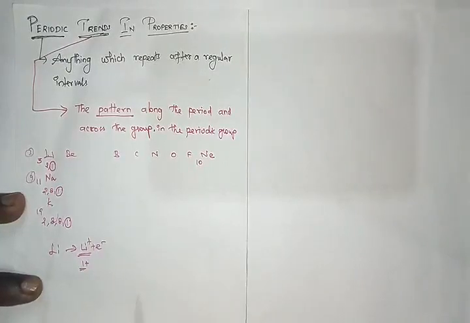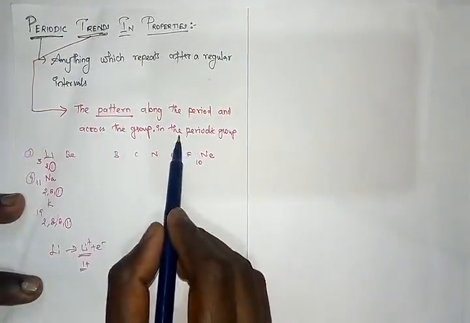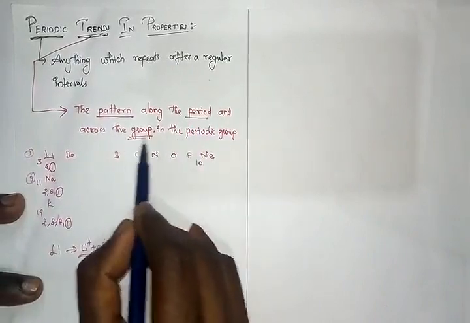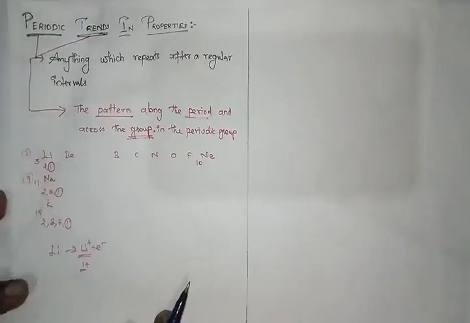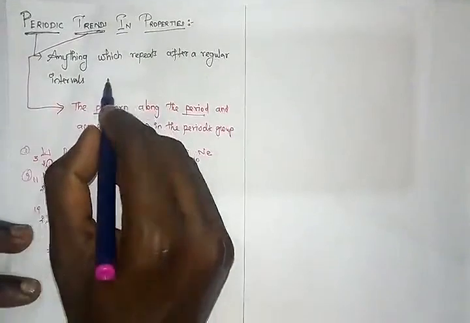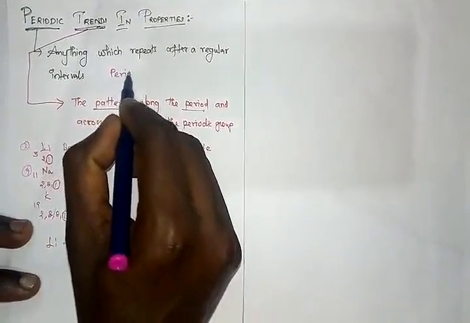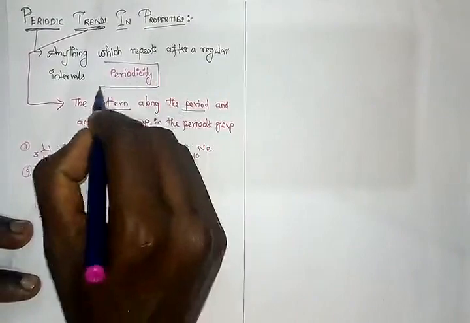So a particular property is repeated at regular intervals, right? So we are going to check such properties along the periods as well as group. So that's what we are going to do in the periodic trends. Got it? Now this behavior is called periodicity. So what is called periodic we have seen. So this behavior is called periodicity.